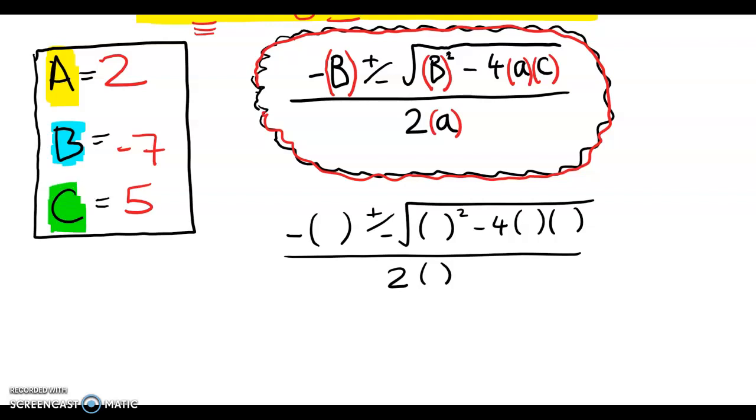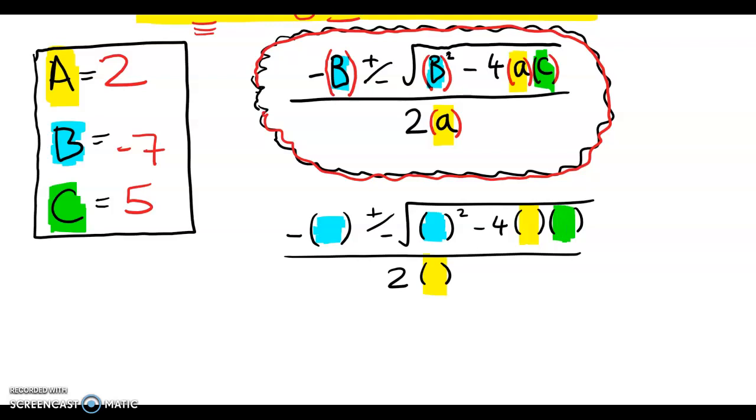Now if I look in my minus B formula, I can see that there should be an A there and there, a B here and here, and a C here. So in my empty brackets I'm simply going to put that in.